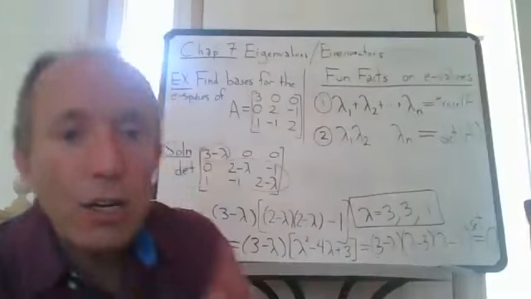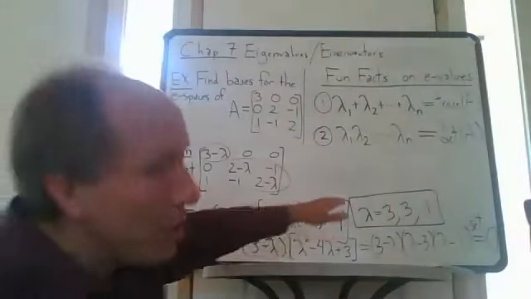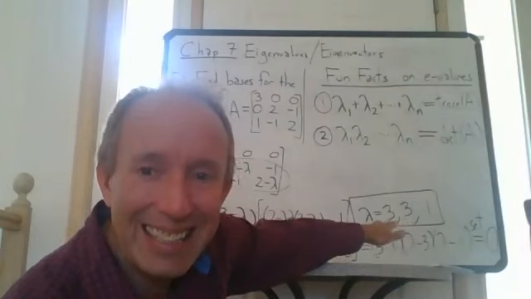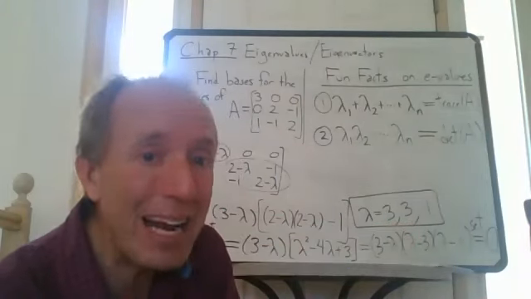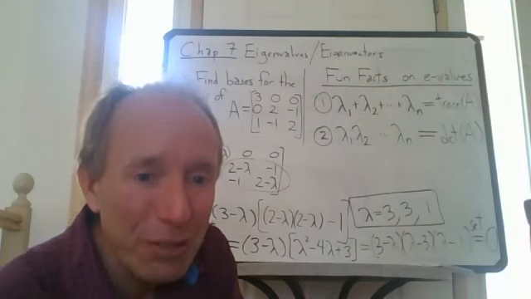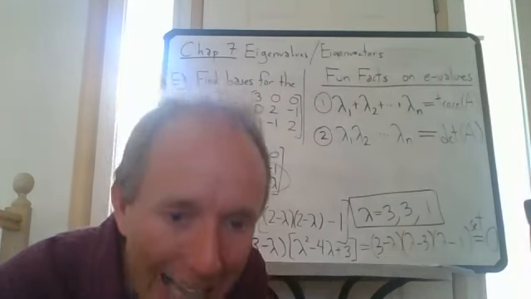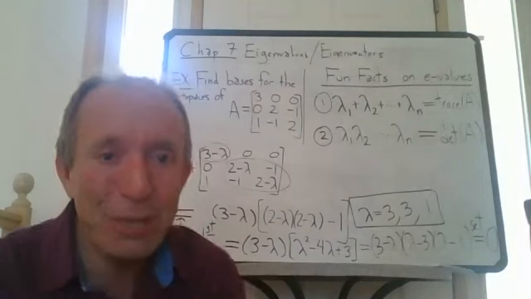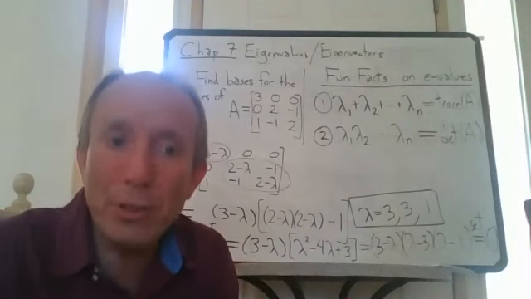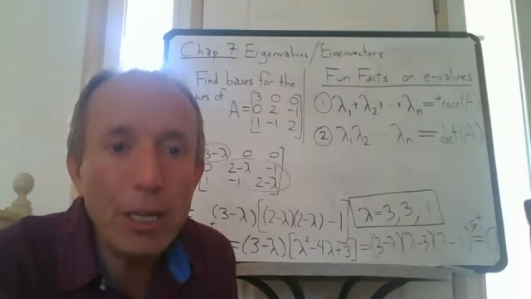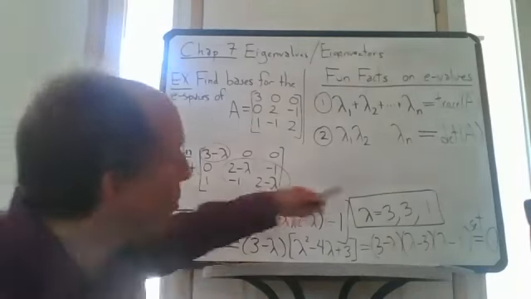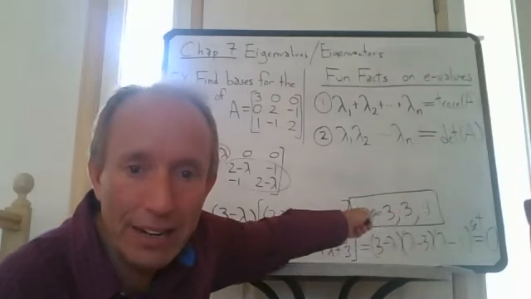And that includes repeats. Guys, when you have repeats like this, the same lambda more than once, you should definitely write it down more than once. We are going to want to keep track of repeats. When one of my lambdas shows up multiple times as a root in this characteristic equation, I'm going to want to know that. So it is important that you write down the repeats there.